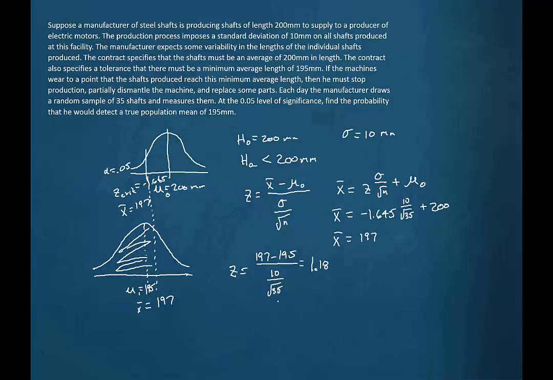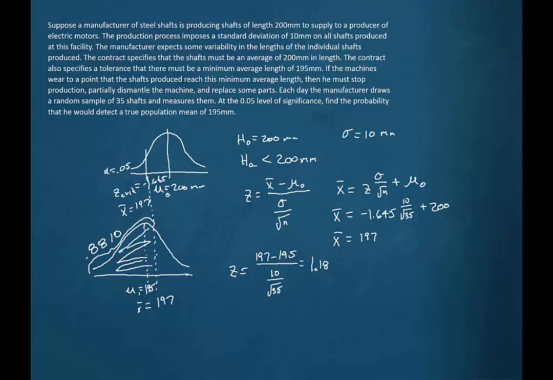And if we use StatCrunch or a TI calculator or a T-table or a Z-table or any other utility, we're going to find that this area right here is 0.8810. And that's all the way from this value of 197 all the way out.